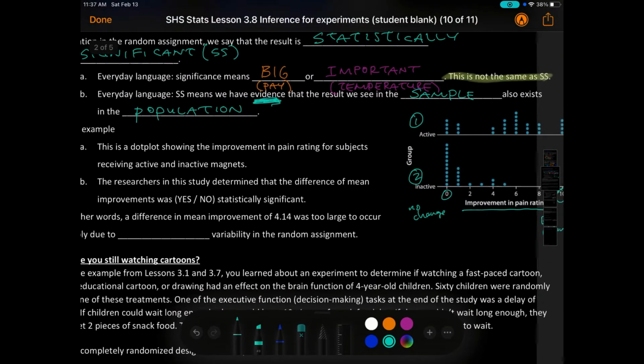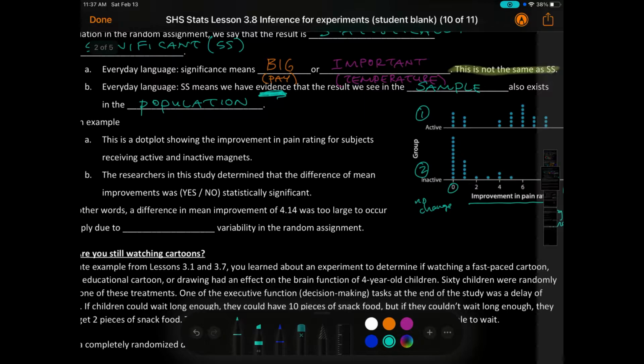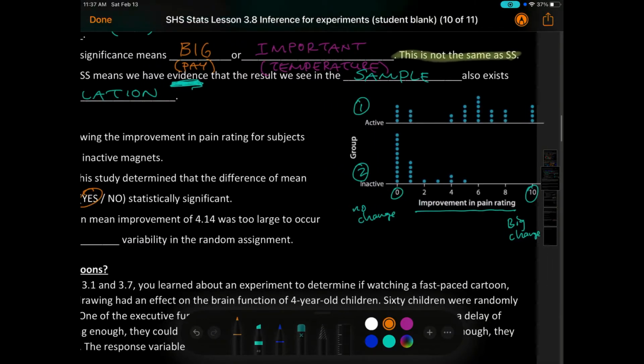Okay, so this dot plot is showing the improvement in pain rating for subjects receiving both active and inactive magnets, not exercise, magnets. The researchers in this study determined that the difference of the mean improvements was statistically significant. Why?